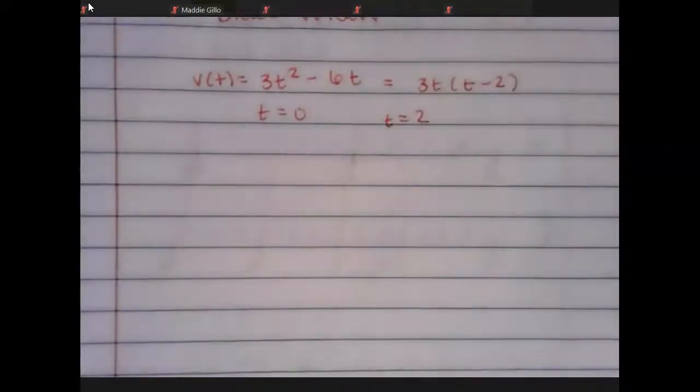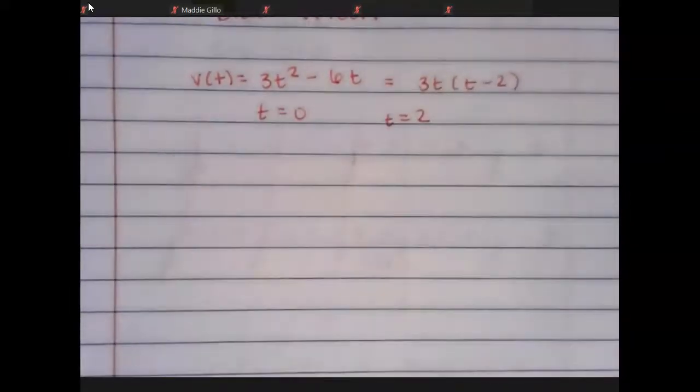So the velocity in this case is 3t squared minus 6t. Factoring out a 3t, we get t minus 2. So what that means is the velocity changes direction at 0 and 2. And that means we need to look at s of 0.